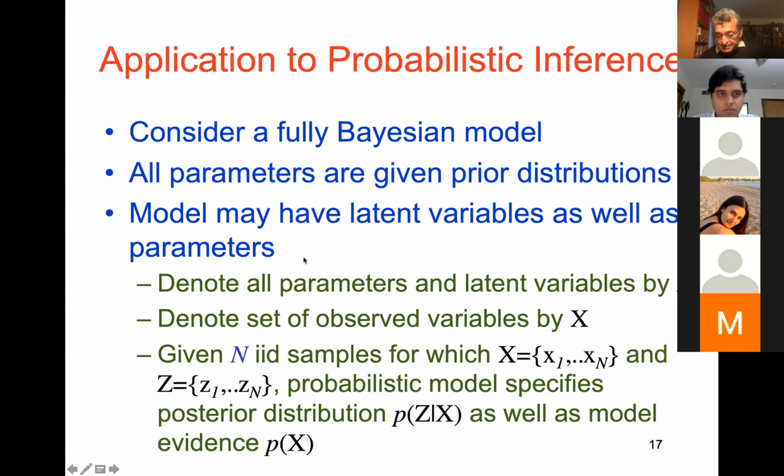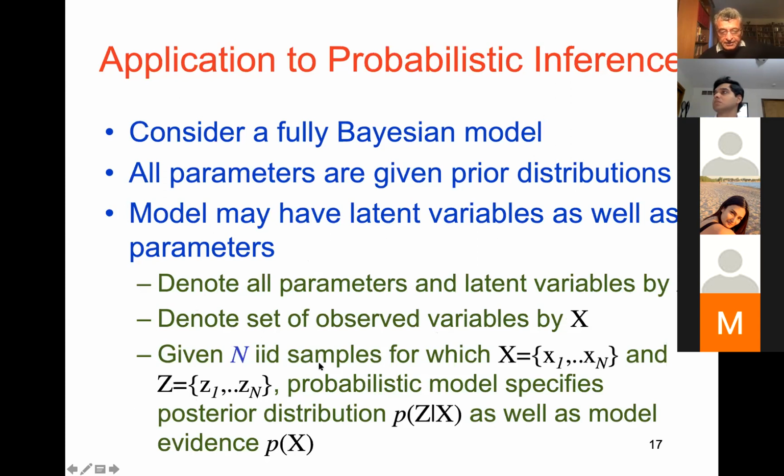So you can define Bayesian methods for a neural network or even a deep network, which has not only observable units, but also hidden units whose values you don't know. And we can have a Bayesian distribution over all these. Denote all parameters and latent variables by Z, and denote the set of observed variables by X.